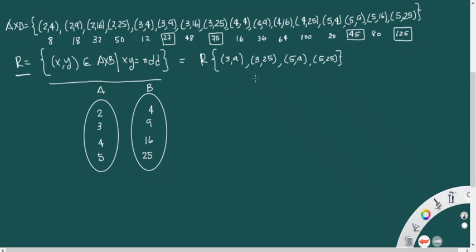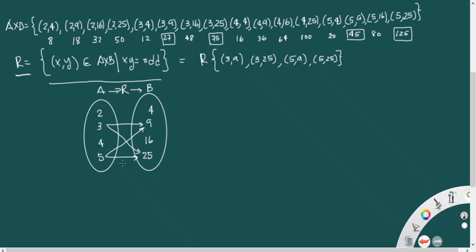So the relation R for this set A and B will be that we have a relation between the element 3 and the 9, between the element 3 and the 25, between the element 5 and 9, and between 5 and 25.